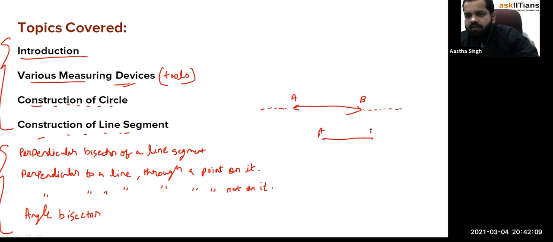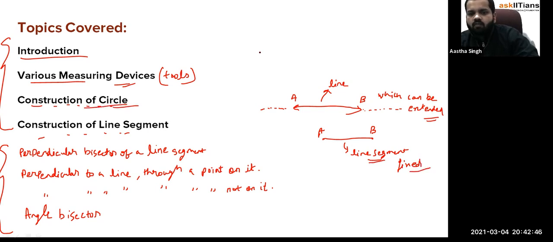You cannot extend your line segment. This is a line segment. This is what a line is. So a line is basically what can be extended. A line segment is fixed.